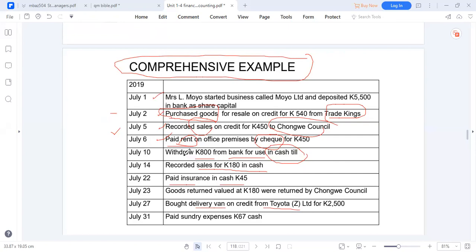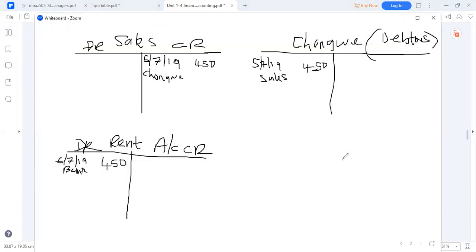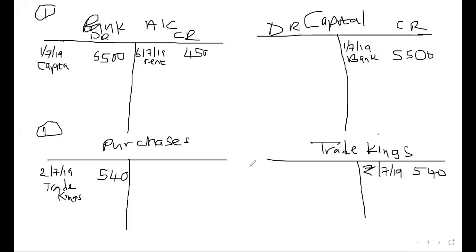We are talking about cash account and the bank account. So on which date? On the 10th. So on the 10th, 7, 19.